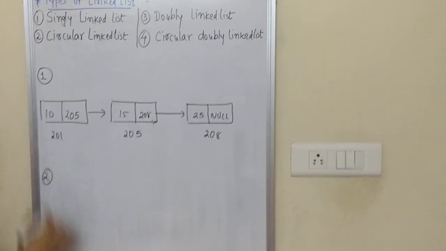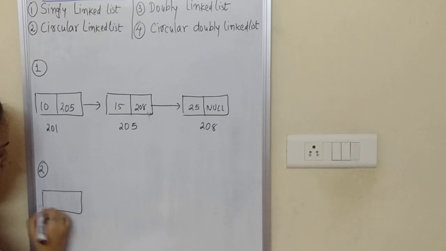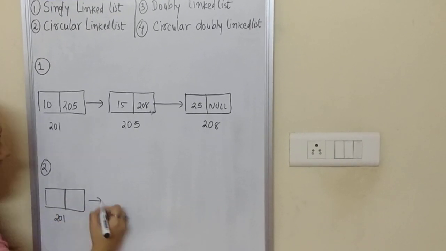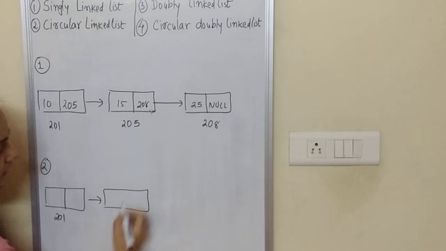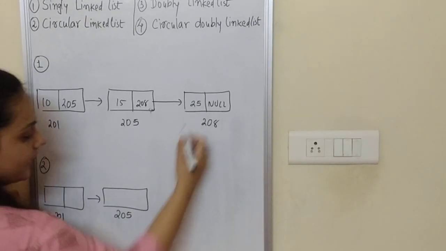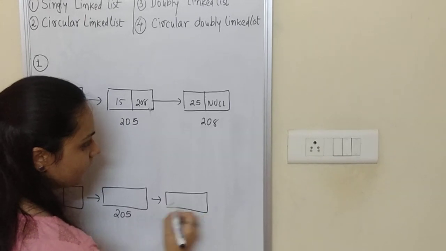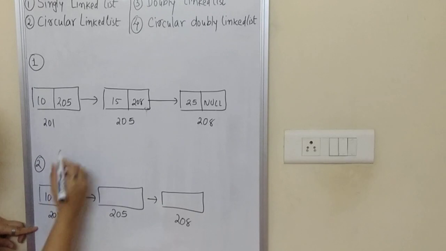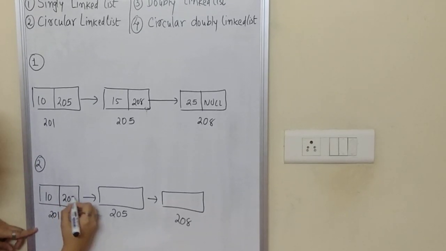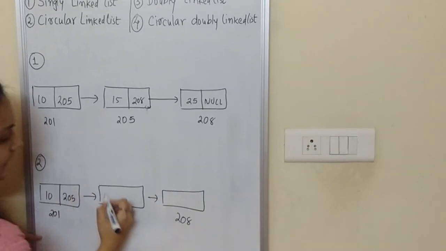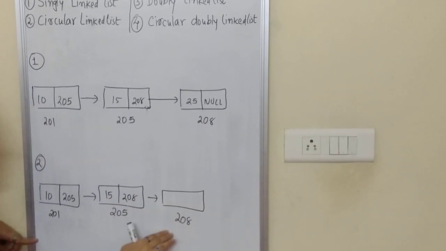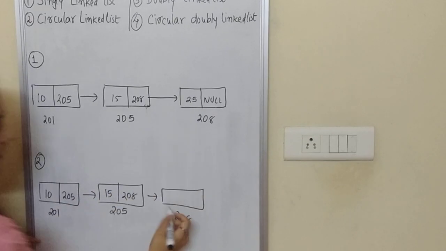So the first node is having the 201 location. The second node is having 205 location and the third node is having 208 location. The data is 10, here the next location is 205. Here the data is 15 and the next location is 208. And the third is 25.